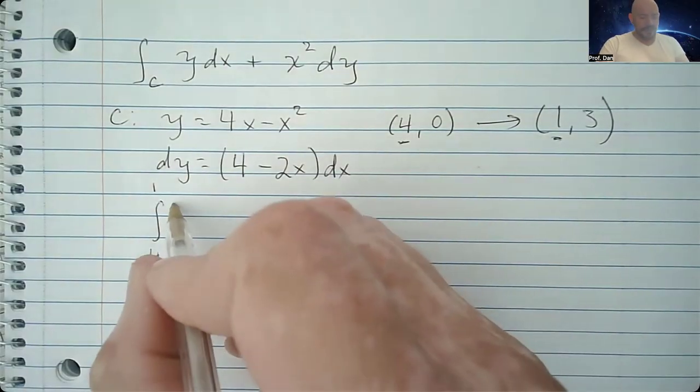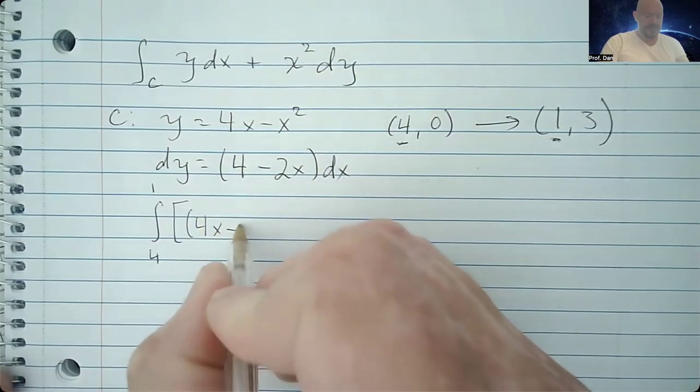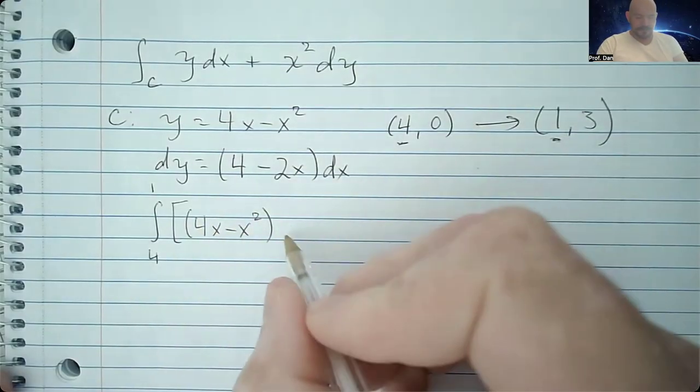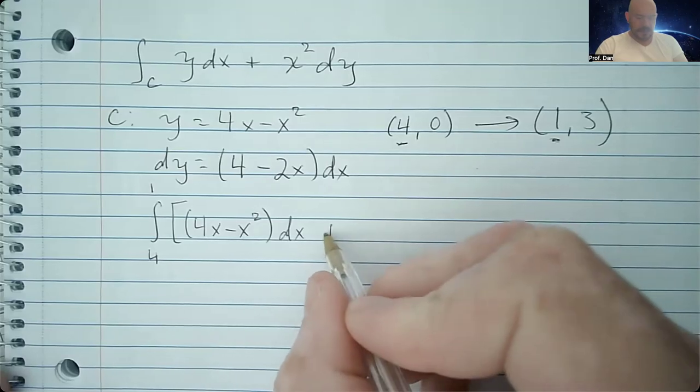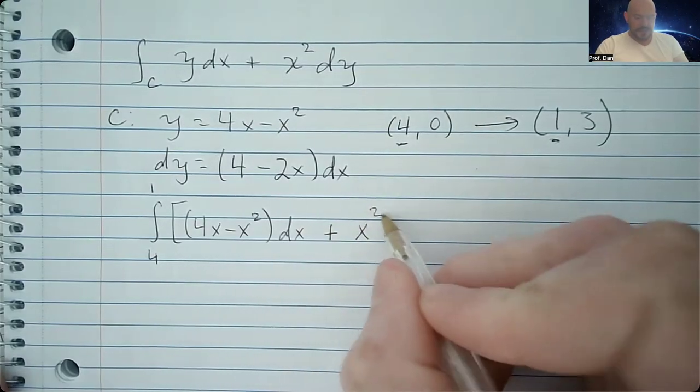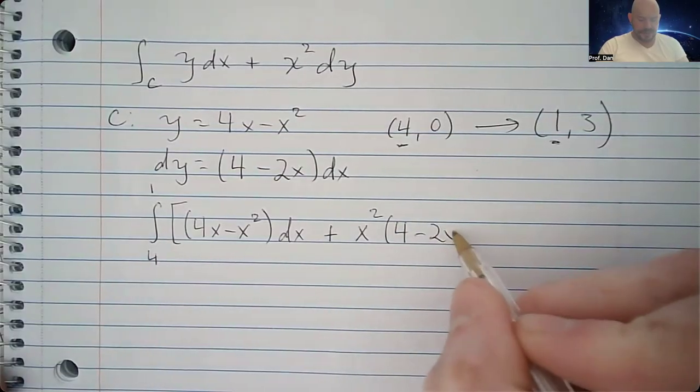Okay, and then y, we can replace with 4x minus x squared. There's already a dx there. Plus x squared, and I can replace dy with 4 minus 2x dx.